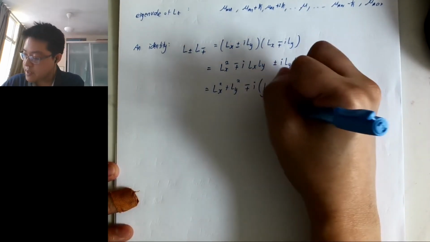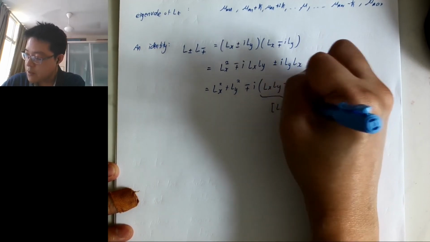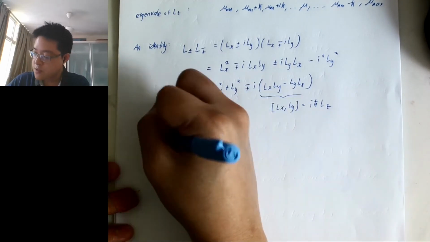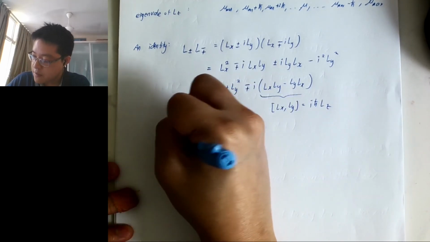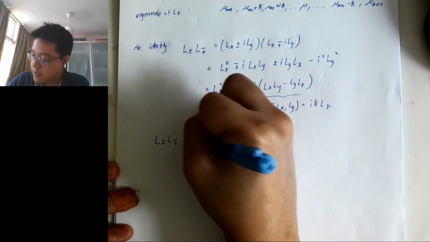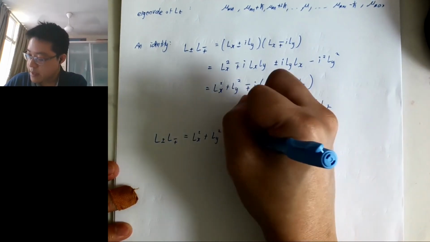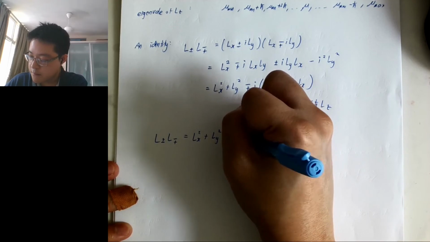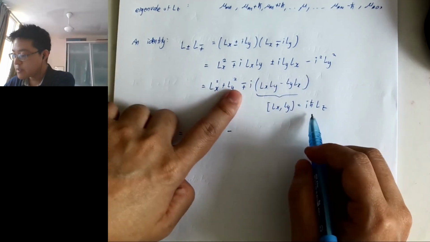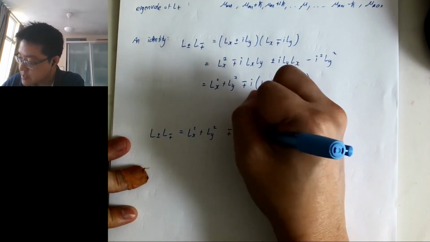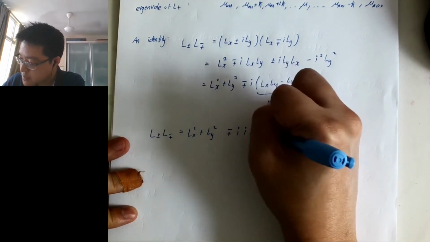This is actually the commutator again, Lx Ly, which we have found earlier to be I h bar Lz. So this is the identity that we are looking for: Lx square plus Ly square, and then minus plus I, and then this whole thing is another I h bar Lz.